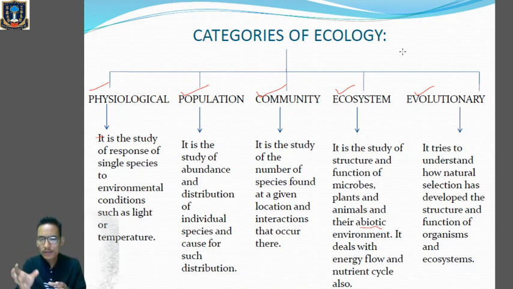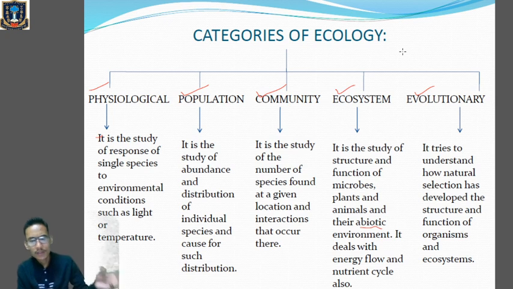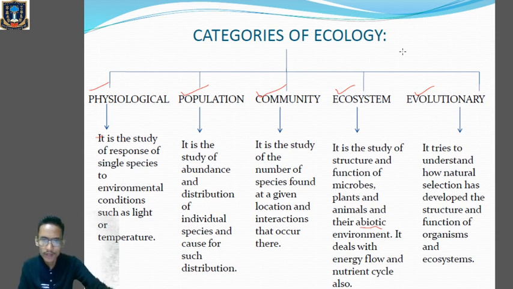That solar energy will be trapped by the green plants, and the energy trapped by the green plants will be utilized for the manufacture of food, which is supplied to all living organisms directly or indirectly. So there will be a constant flow of energy in our ecosystem. That flow of energy we will also learn under ecosystem ecology, and we will learn about the nutrient cycle in an ecosystem, that means the oxygen cycle and carbon cycle.